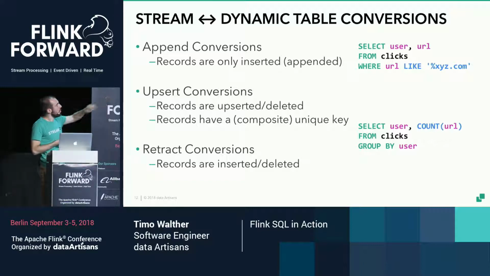The right bottom query is a little bit more complicated because, as in our motivating example, you have to update the count whenever there is a user coming in. If you have seen this user before, then you have to update the count. If it is a new user, you just have to send an insert statement.